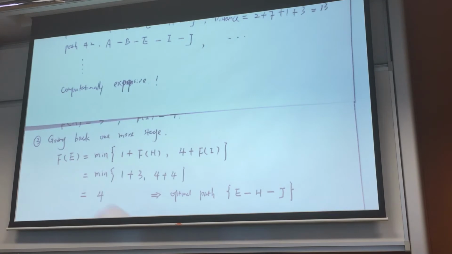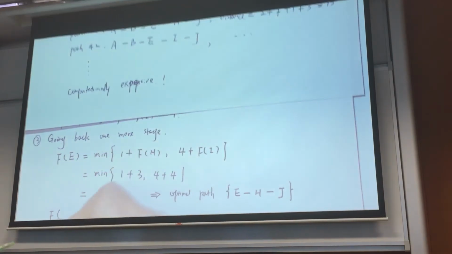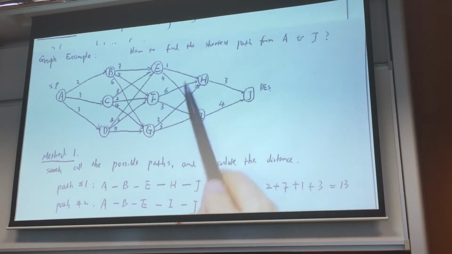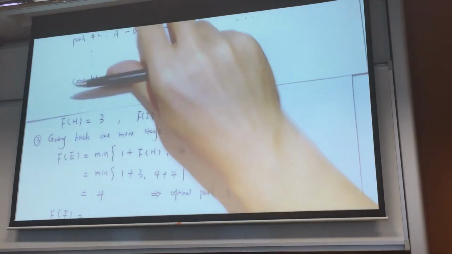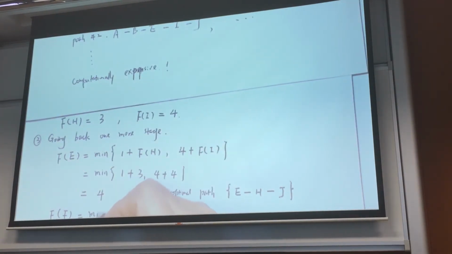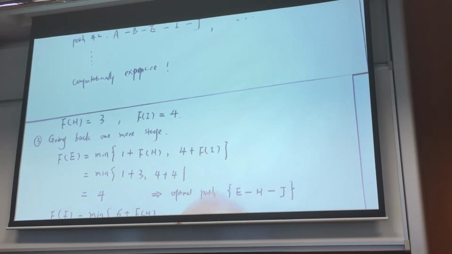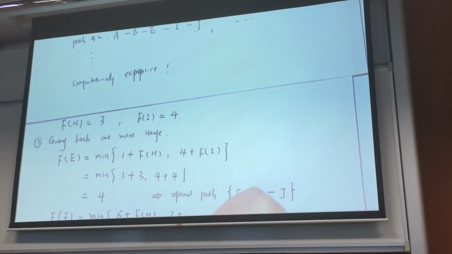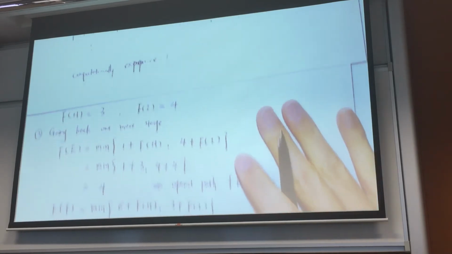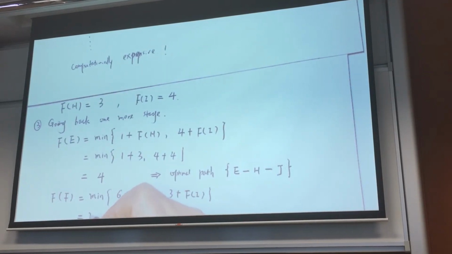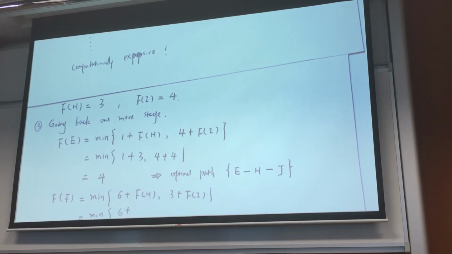We can do similar things for the next node in this stage, which is F. From F we only have 2 paths, with 6 to H and 3 to I. We calculate the minimum distance with 6 plus f(H) and 3 plus f(I). Here f(H) equals 3 and f(I) equals 4, which gives us 9 and 7.